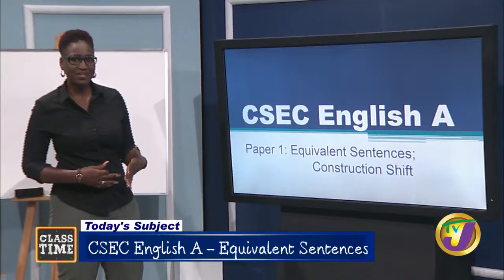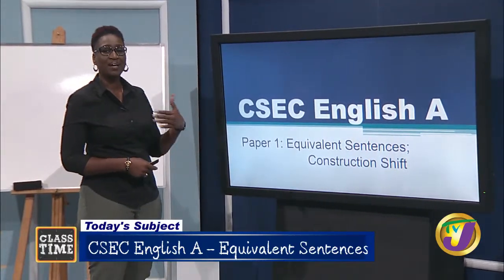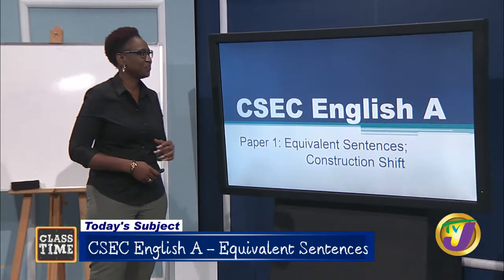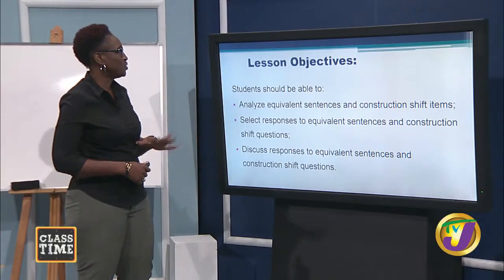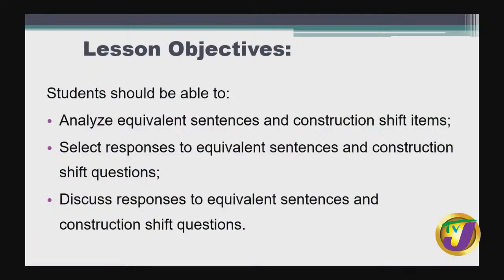So as you can see, for today, we're looking at equivalent sentences and construction shift. So here are our lesson objectives. First of all, you should be able to analyze equivalent sentences and construction shift items. You should also be able to select responses to equivalent sentences and construction shift questions.